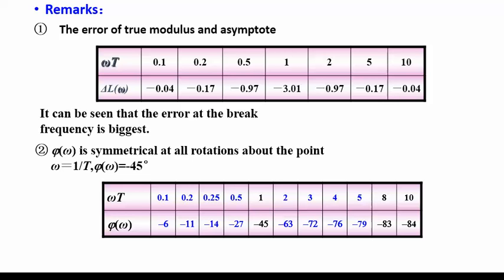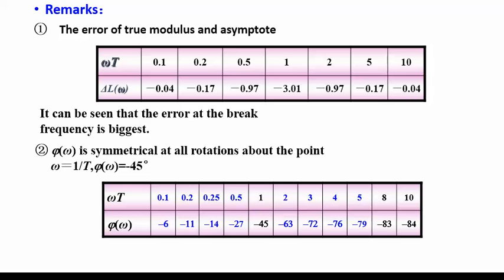So the error in the asymptote is really very small, and this is calculated in dB. At 1, what is the magnitude? Minus 3 dB. We did calculate this. It's minus 3 dB when the frequency ratio is 1, correct? So when omega t goes from 0.1 to 10, this is how it is.